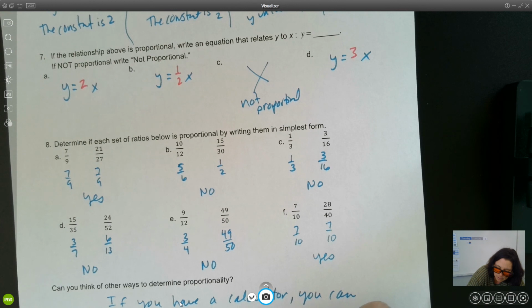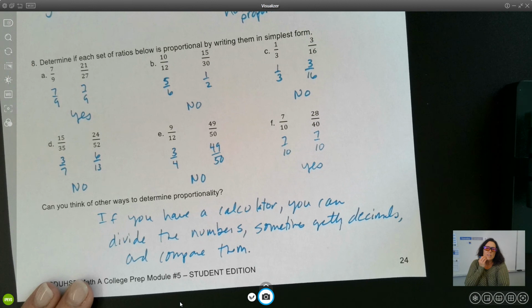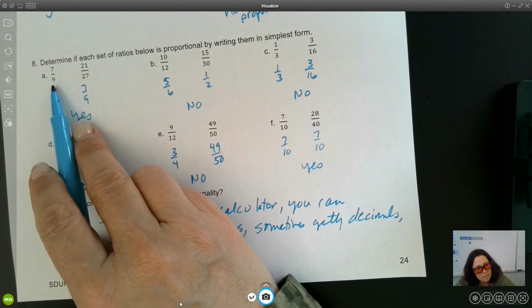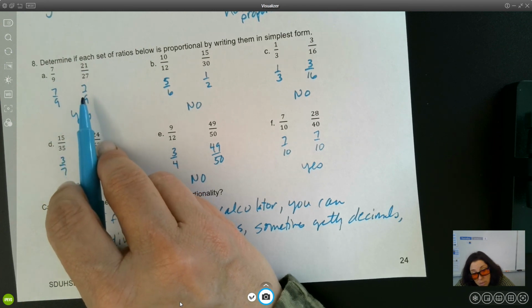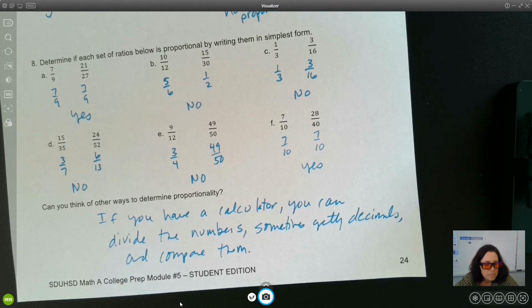Sometimes that gets decimals, and compare them. If you have a calculator, couldn't I put in 7 divided by 9 and see what that answer is, and put 21 divided by 27 and see what that answer is? And if they're the same, yes. That's another way to do these.